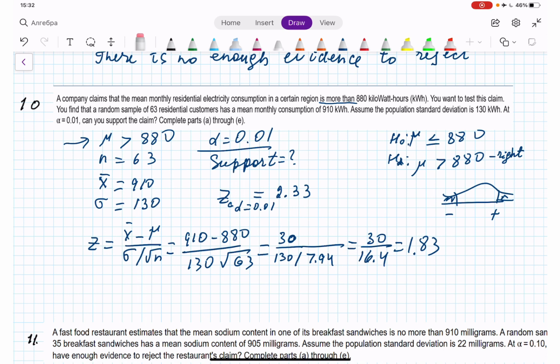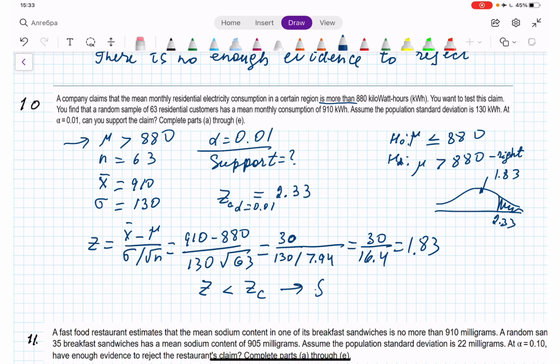Since we have right tail, we fail to reject if the standardized test statistic is less than z critical. And we have z less than z critical: 1.83 is less than 2.33.